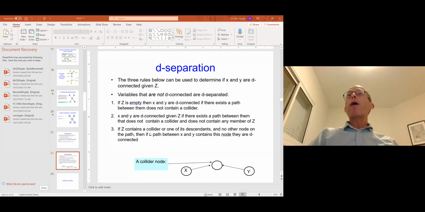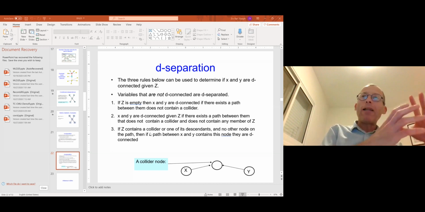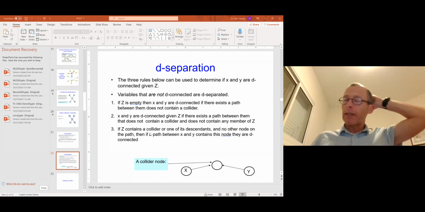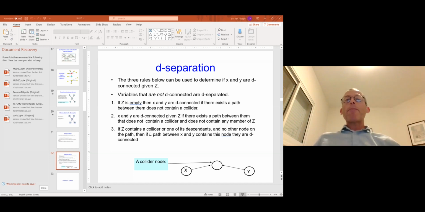We are going to ask you in the next problem set, which will be out this week, to do some proofs that will lead to some of these rules. Not all of them, we don't want you to do the very long and detailed proof, but you will work on proving some of these things. Generally speaking, I'm not going to prove these rules.